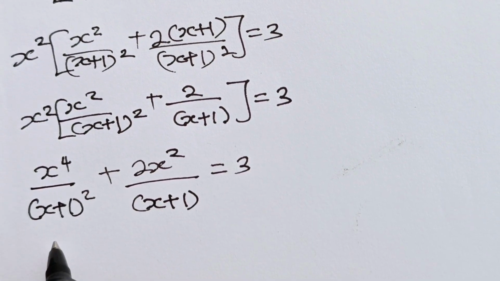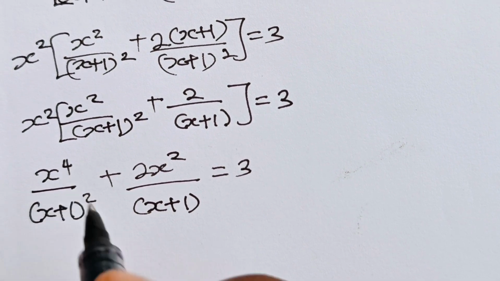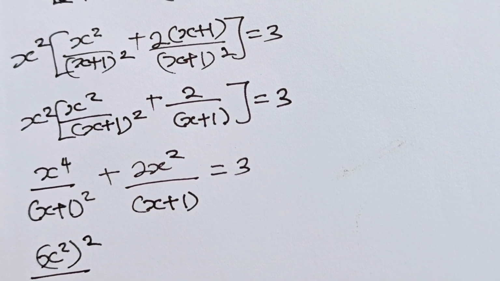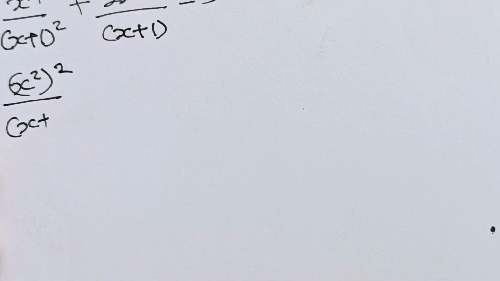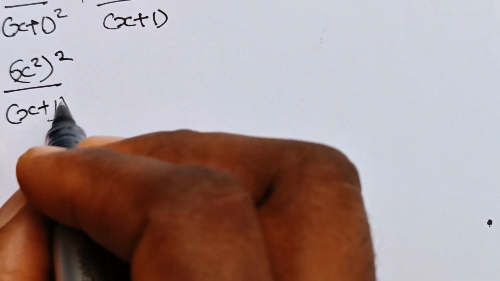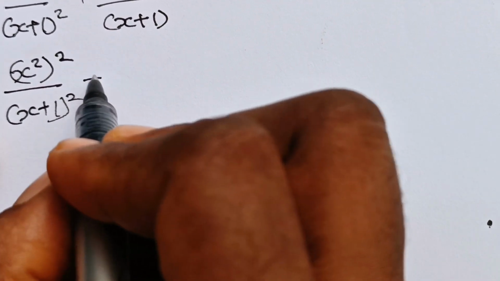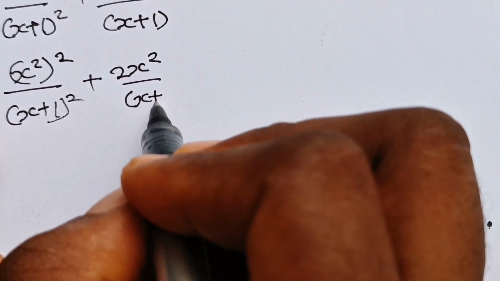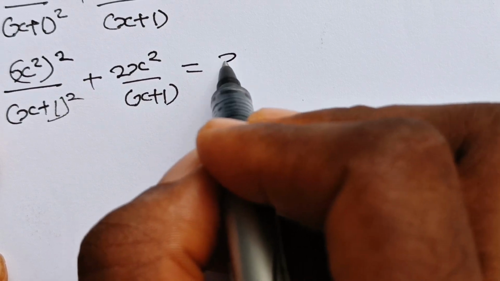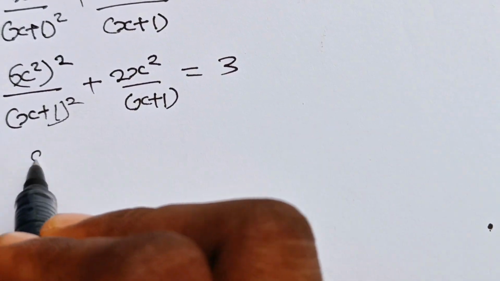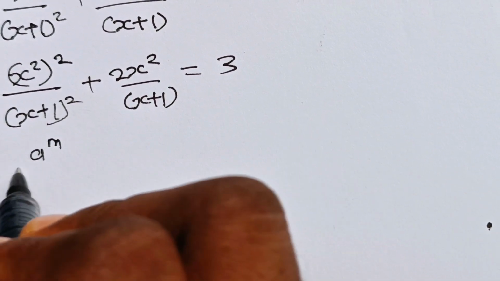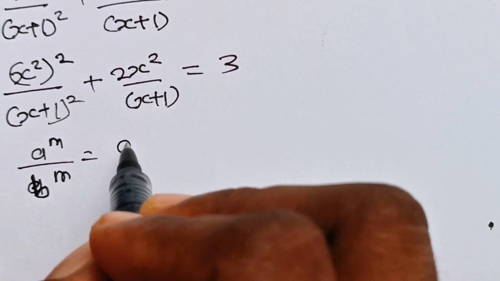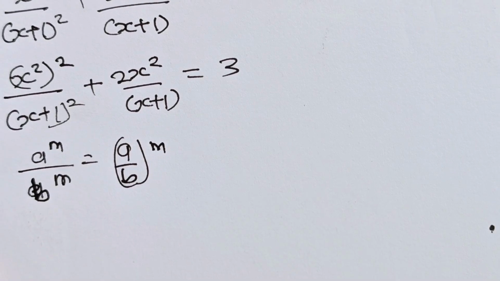All right, now we can express x to the power of 4 as x squared raised to the power of 2, right? Divided by x plus 1 raised to the power of 2 as well, okay? Plus, then here we have 2x squared over x plus 1 is equal to 3. Now when you have a to the power of m divided by b to the power of the same m, this is equal to a over b raised to the power of m.